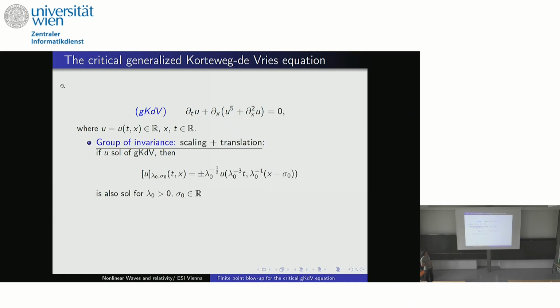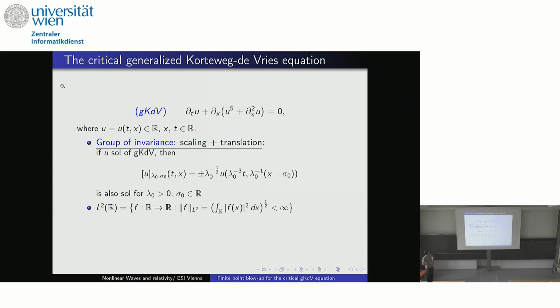Okay, so this equation has two groups of invariances. The scaling, for any λ0 positive, you can rescale the equation in this form. And also the translation, so you can do a spatial translation, and you still get a solution of the equation.